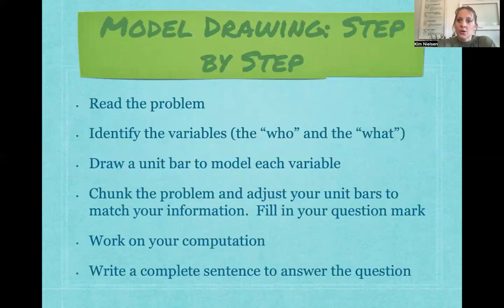Okay. So again, we will practice model drawing when we're in our workshop and do this in groups, but here's kind of a step-by-step. And we do want you, again, when you're learning a tool, it's important to learn the tool first, right, before I modify. And so it's always important to read the problem, and then you're going to identify the knowns, right? So I'm going to identify what are the variables?